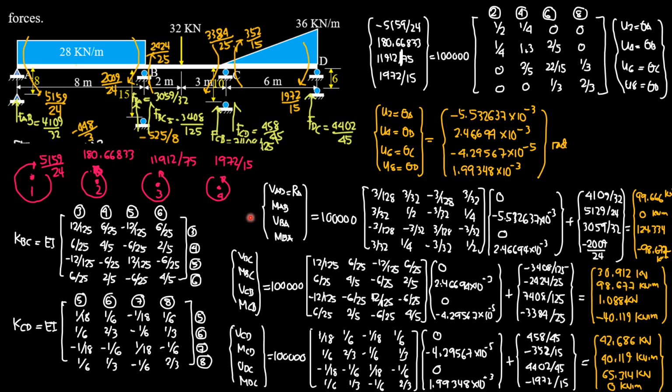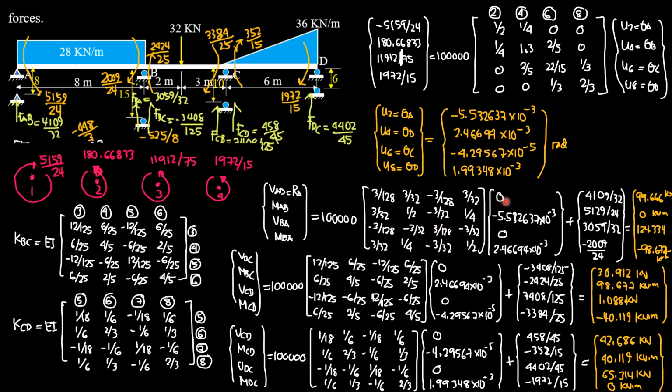We can now compute the member force of AB: shear AB, which is RA, moment AB, shear BA, and moment BA. So EI 100,000. This is the stiffness of member AB from the preceding slide.